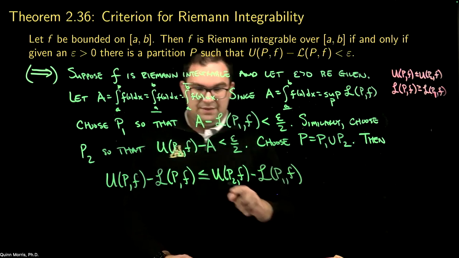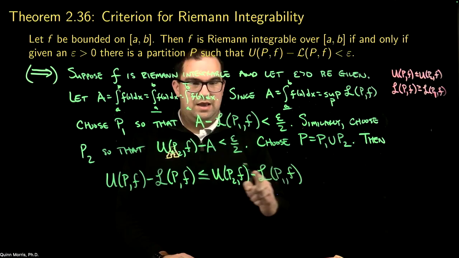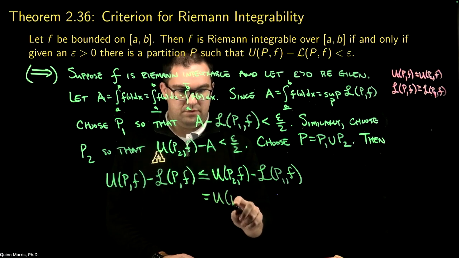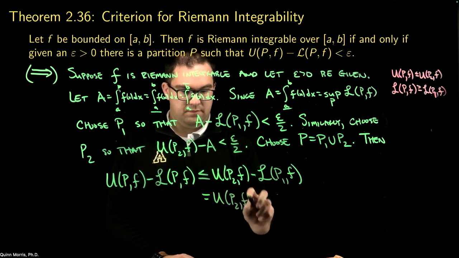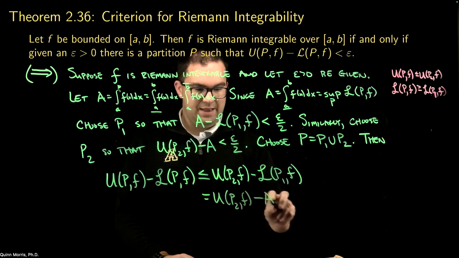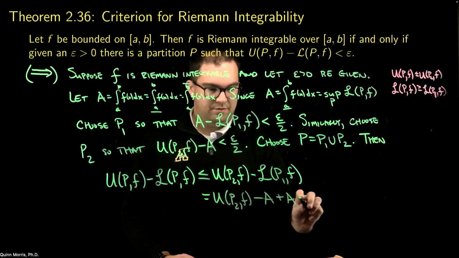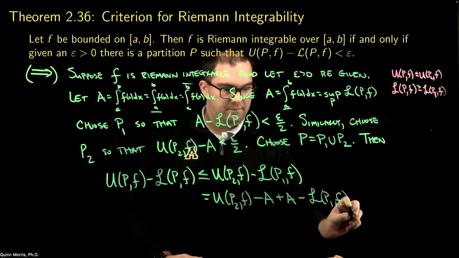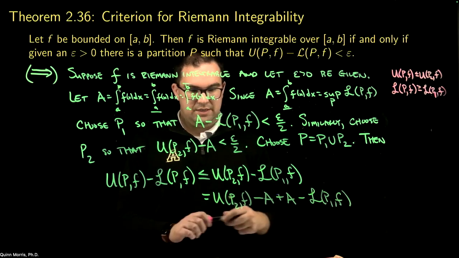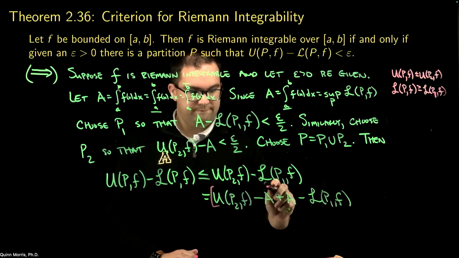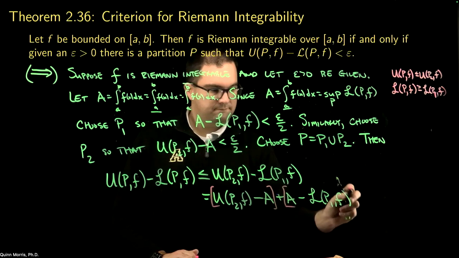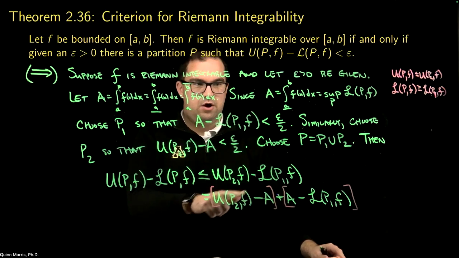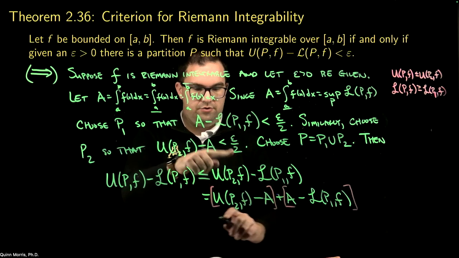Well, now if I take this and I add and subtract A in the middle, I'm actually going to subtract A and then add A. I get this, and now grouping these terms, I see that the quantity in the first set of brackets I know to be less than epsilon over 2.